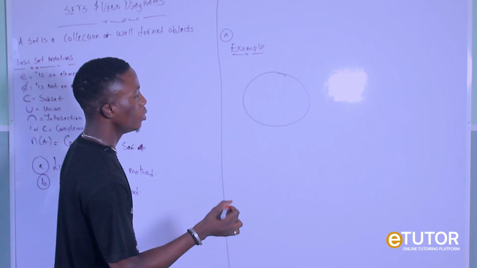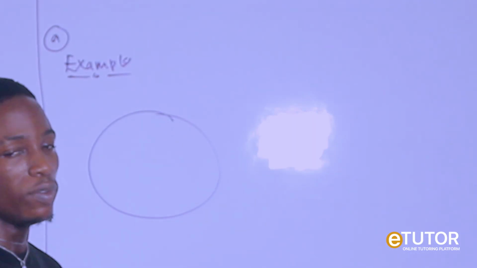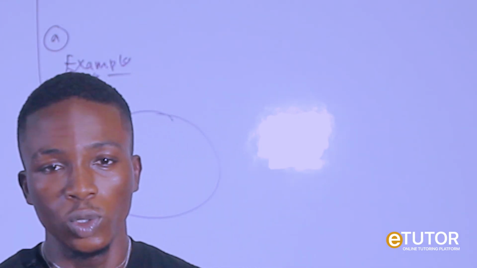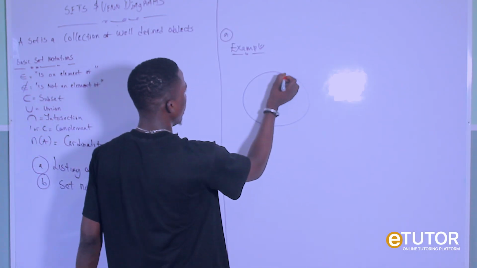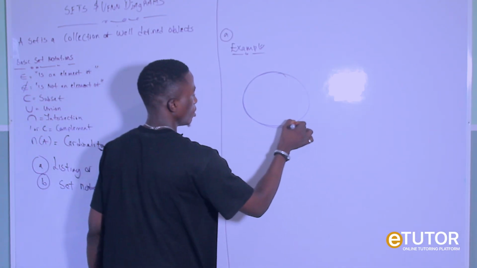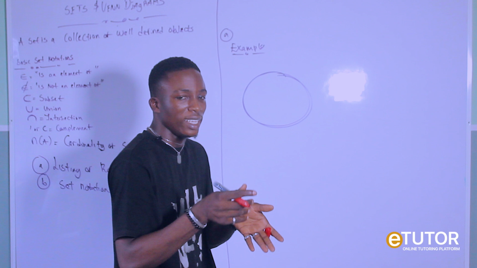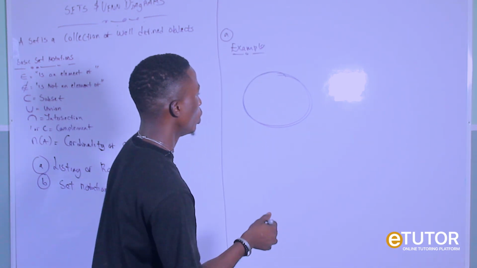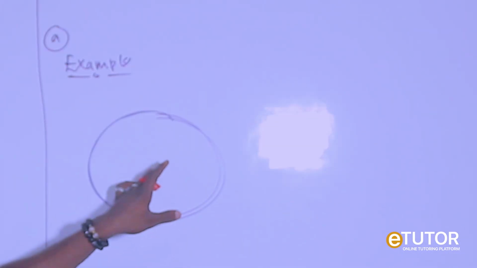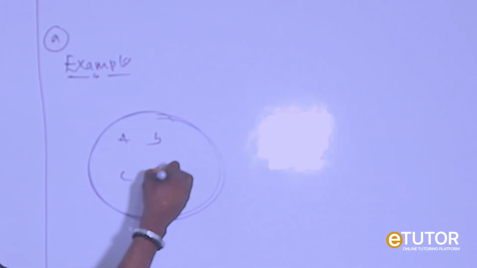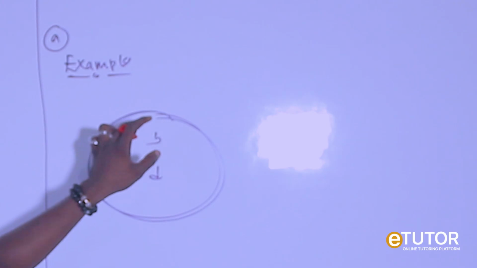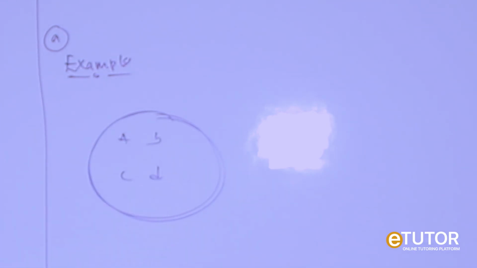The elements of this school are the students and the teachers that are inside the school. So the school itself is the set, and the elements are the things that are inside the set. The elements of, let's say, a set of school are the students, like student A, B, C, D. So these are the elements of this particular set.